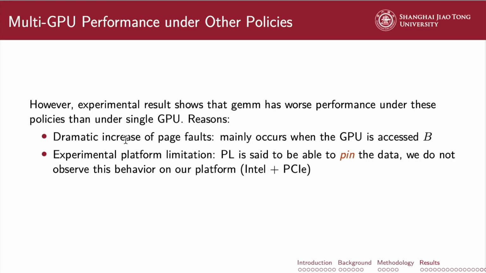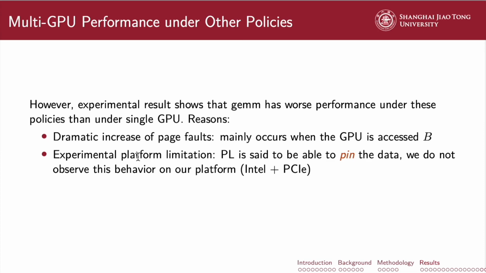However, all of them bring severe slowdown compared with a single GPU system, even under no oversubscription. 4 pages in B cause more pages to thrash, and another reason is our platform limitation.